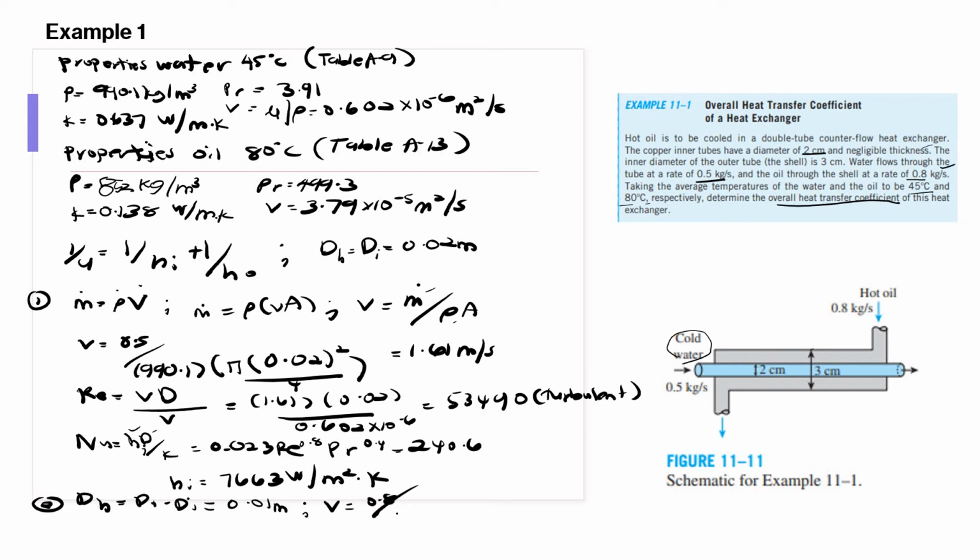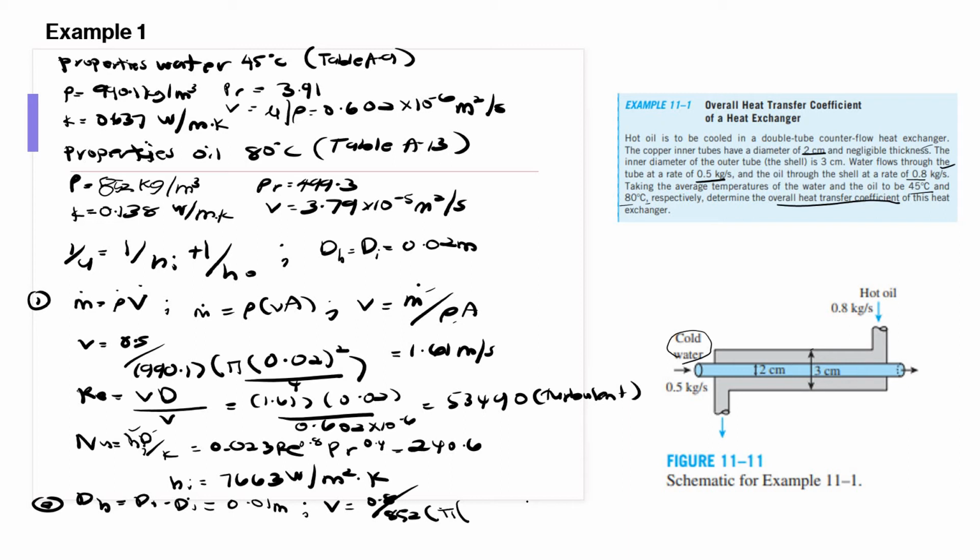over with the density is 852 times pi d square over 4. So here D you need to input is hydraulic diameter. So pi dh squared over 4. So dh, the formula is d naught minus di. So you need to fill in the value of d naught and di.